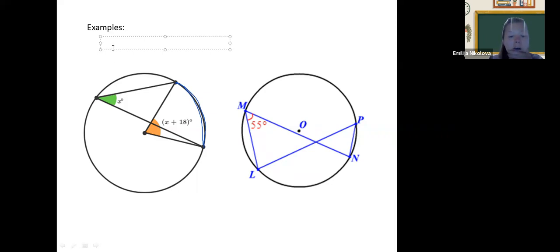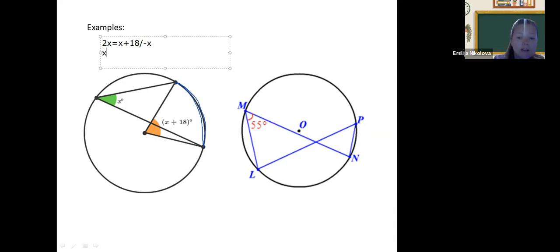So if this angle is 2x, it should be equal to the other one, that is x plus 18. So now we can find out how much x is. In order to have just x on one side, we can subtract x on both sides.